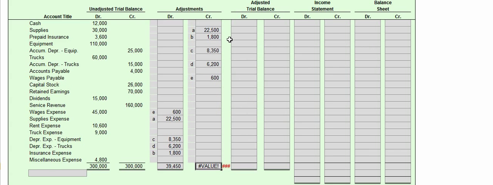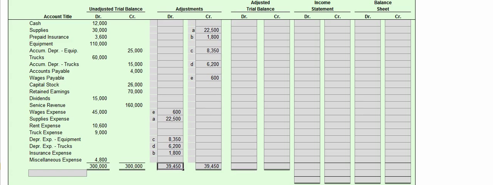Let's try again. I tried something different there and it didn't work. I should be able to hit the sum function, but it won't let me on this template. So let's try that again. We're adding these all together. You could also do it with a calculator and just punch the number in. Those two should match, of course, because every time we enter a number in the debit column, we're entering the same number in the credit column.